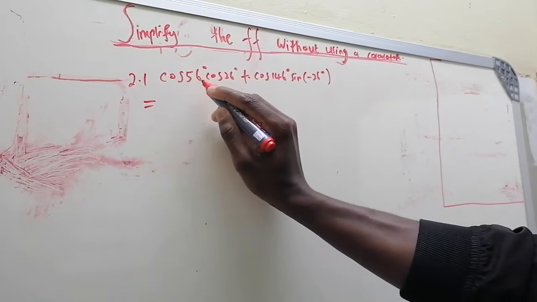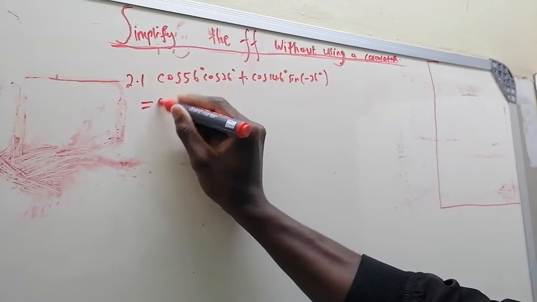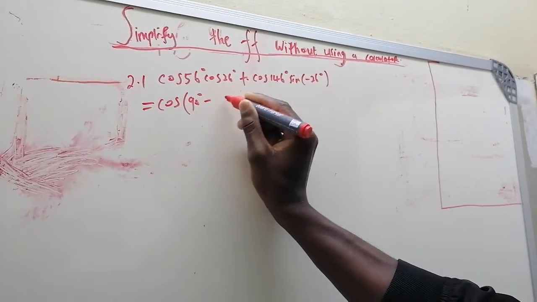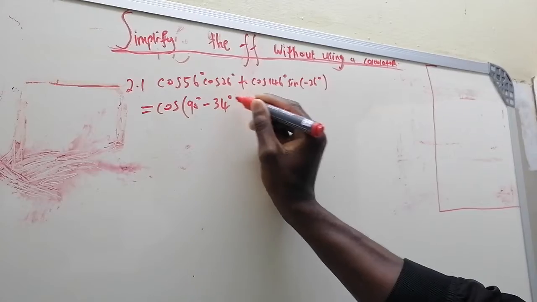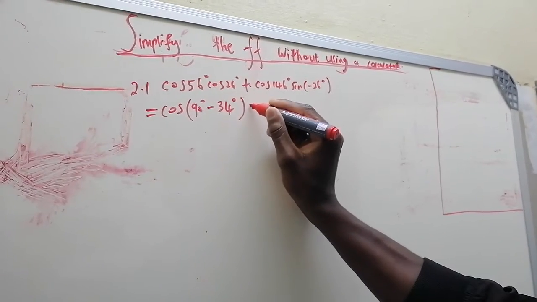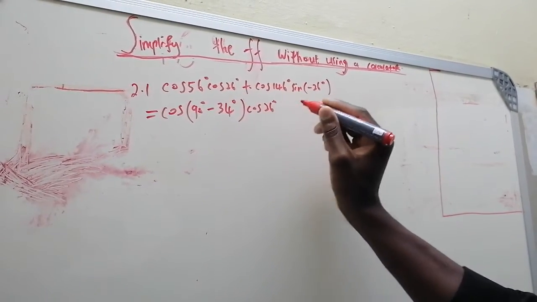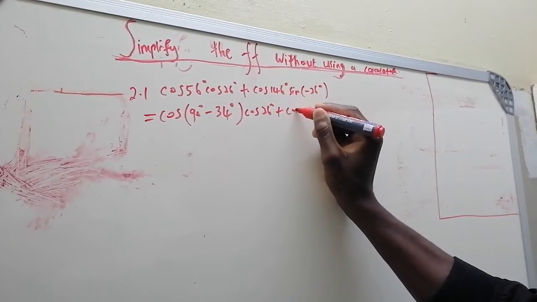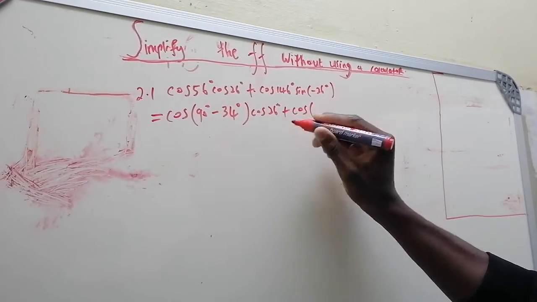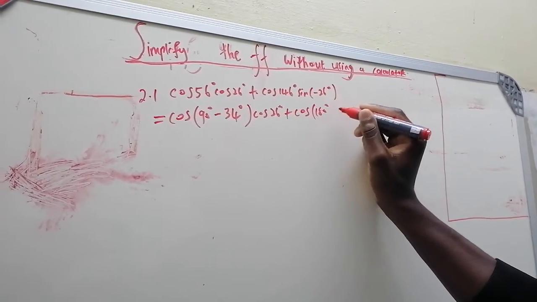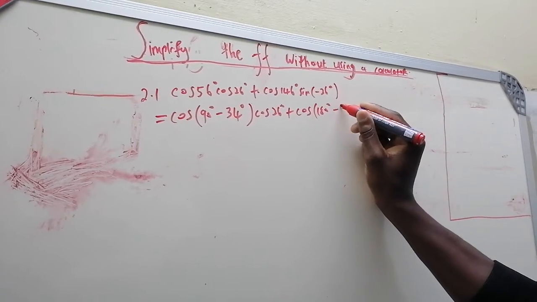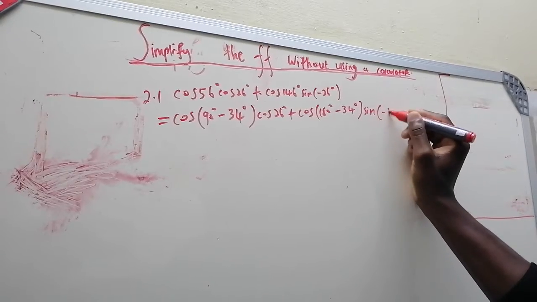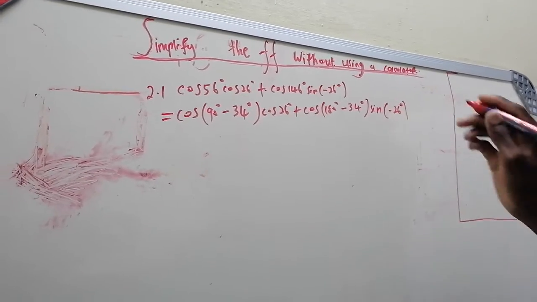I'm going to change cos 56 degrees, which will be cos into 90 degrees minus 34 degrees, then cos 26 plus, and I'm going to change cos 146, which is cos into 180 degrees minus 34 degrees, sine of negative 26 degrees.